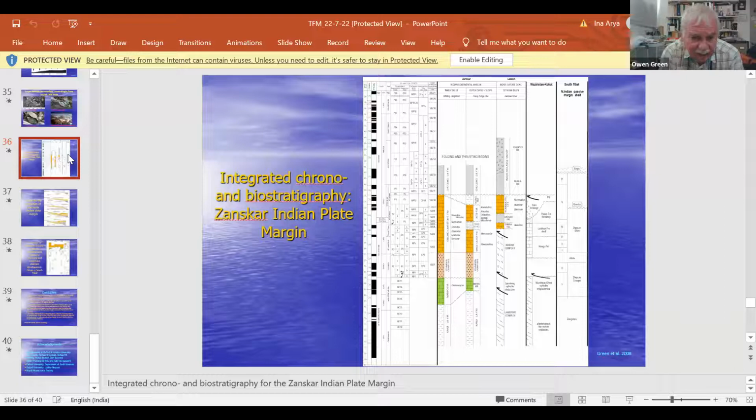But what we did get is this very clearly defined break in the sedimentation, and that we could actually put a date on as well. Next slide, please.